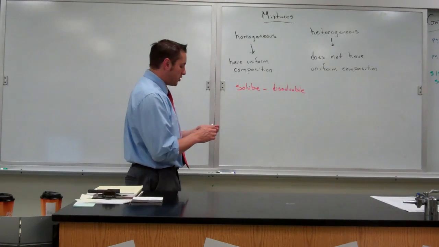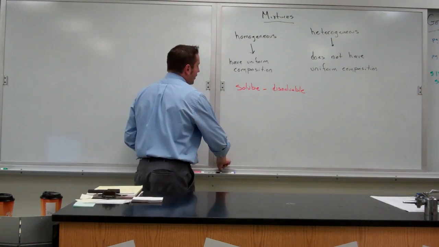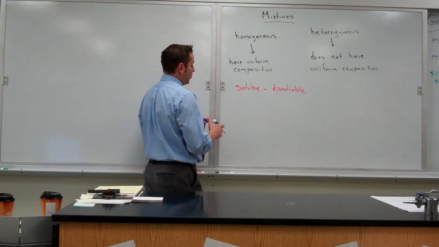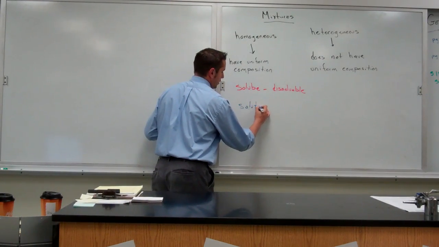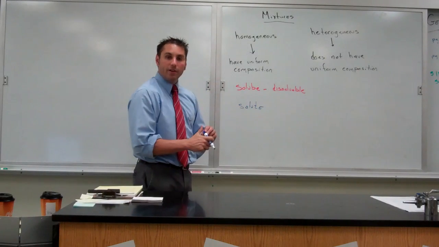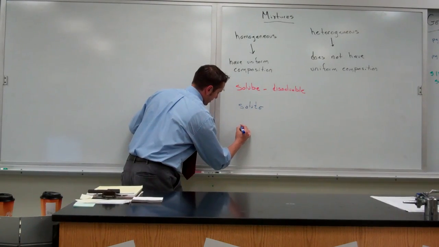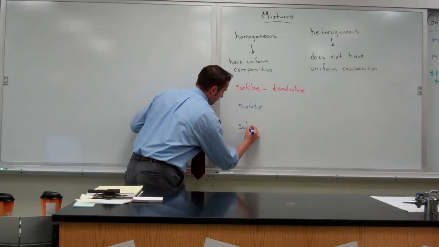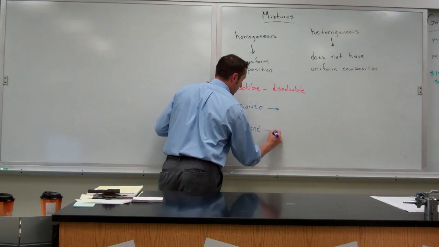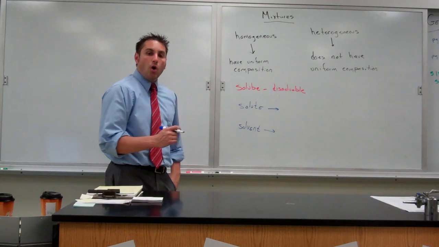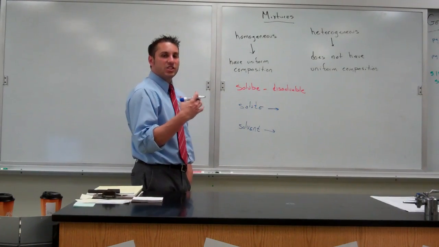If we're talking about solubility, there are different components of a soluble substance. One of them is called the solute. One of them is called the solvent. The solute is the thing that gets dissolved.